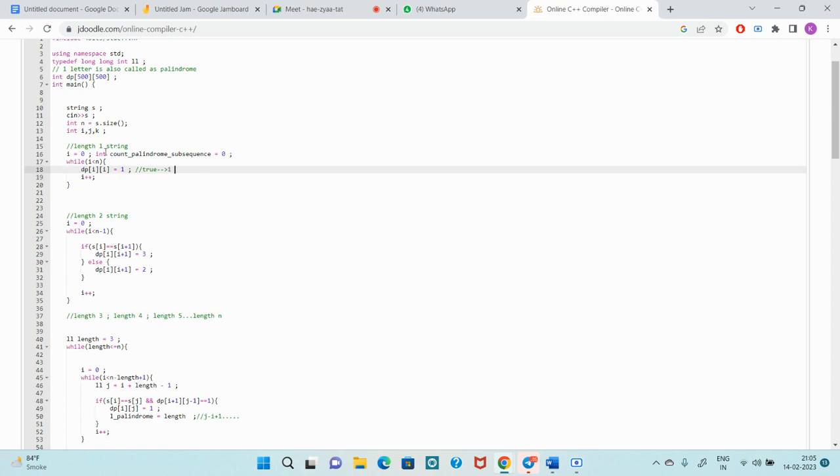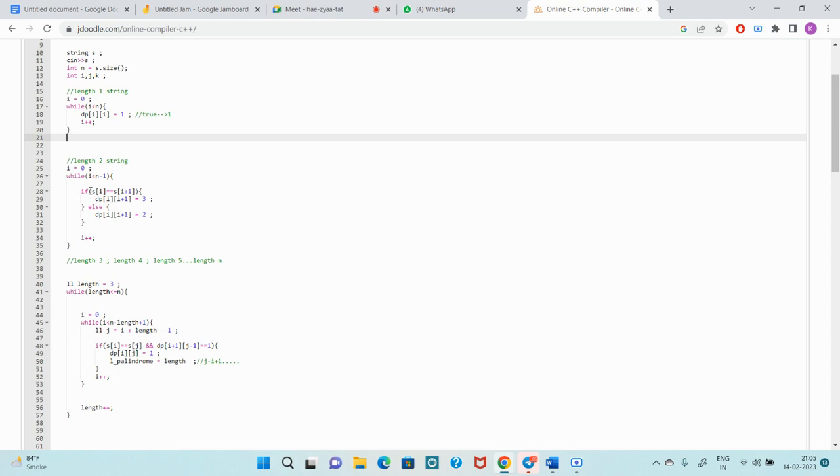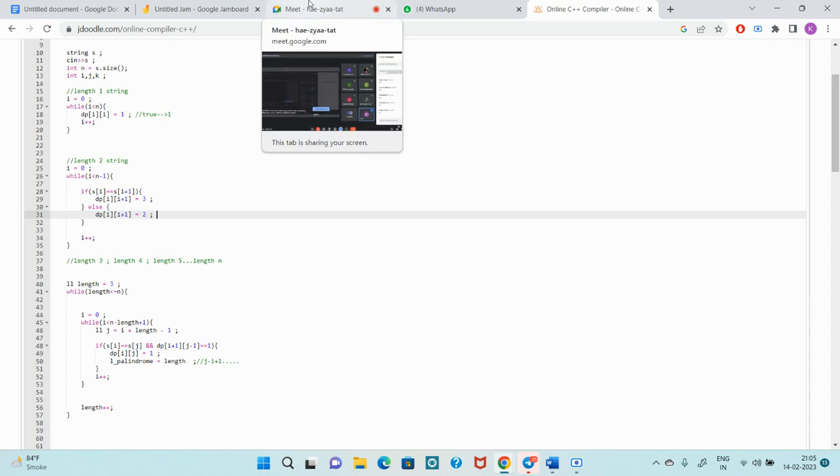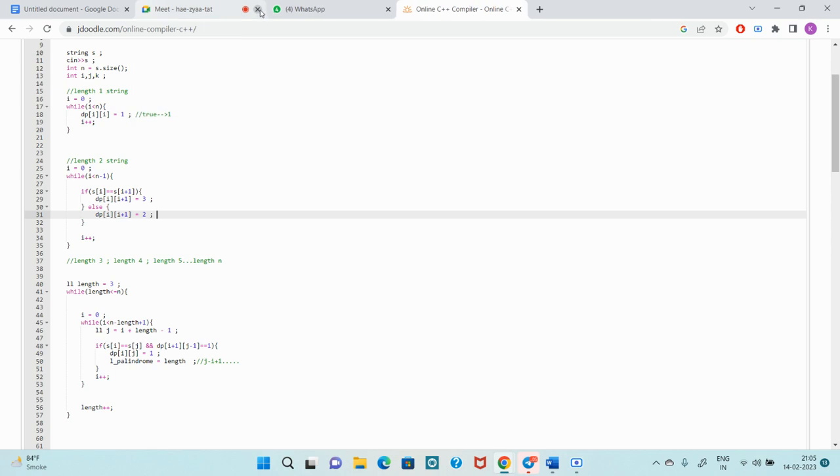So you don't need the variable anymore. So guys, dp[i][i] is 1. This is clear. Then you go from n minus 1. Whenever the first and last characters are matching, dp[i][i plus 1] is 3, or else it is 2. Guys, is everything clear for length 1 and length 2? Please write yes or no in the chat. Please.